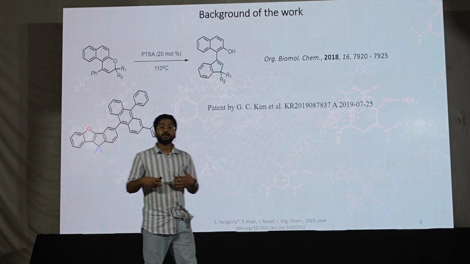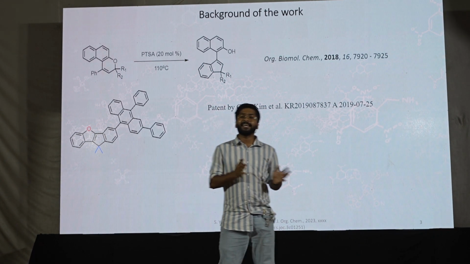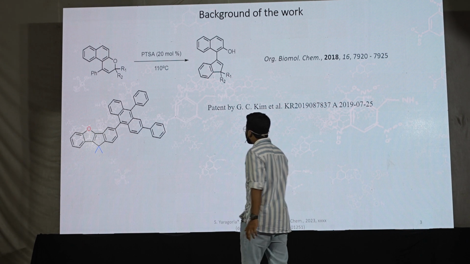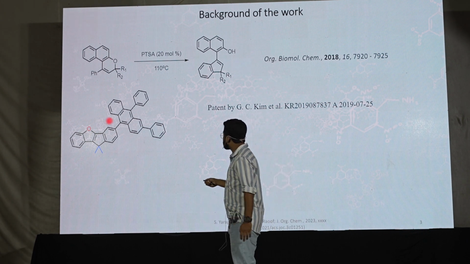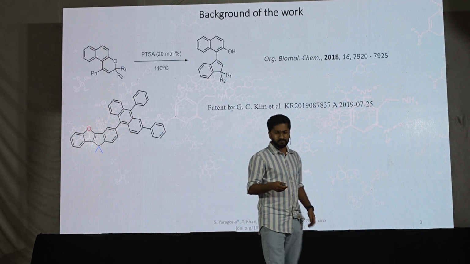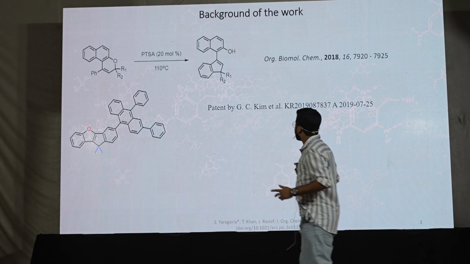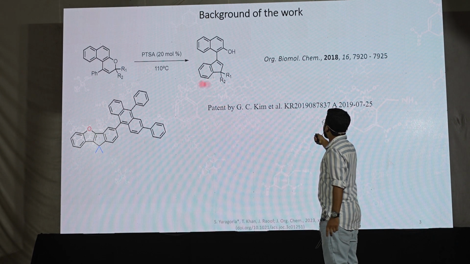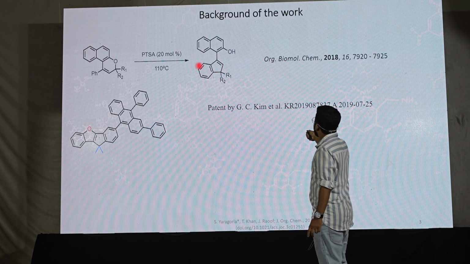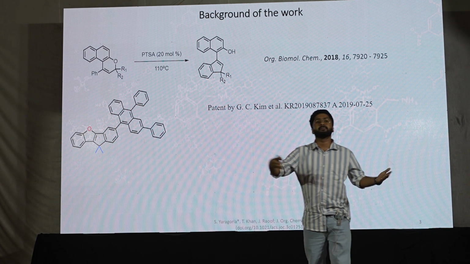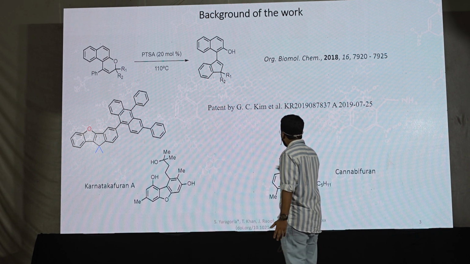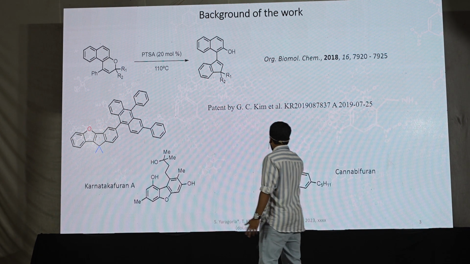Later, we came across a patent filed by G.C. King and co-workers in 2019, where they tested the feasibility of using such huge ceramic systems with a quaternary carbon in organic LEDs. This piqued our interest, because if somehow you are able to instigate a C-H functionalization on this alkyl carbon and generate a cycloether over here, you would end up with a similar motif. Also, such structures are reported in many natural products.